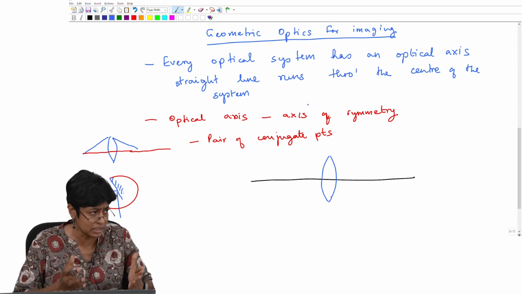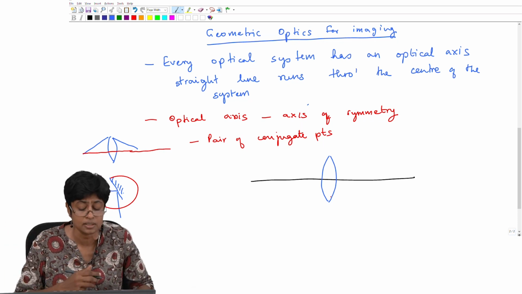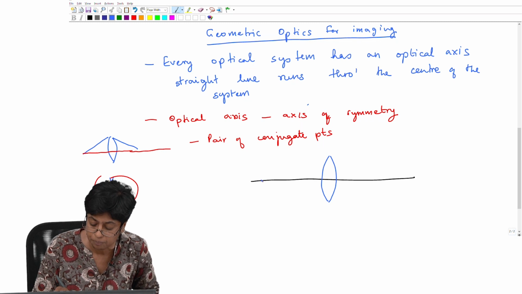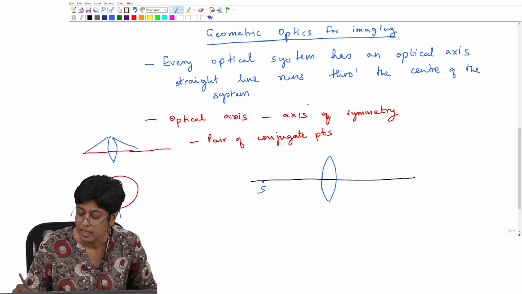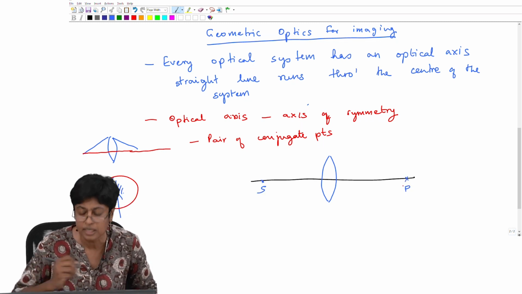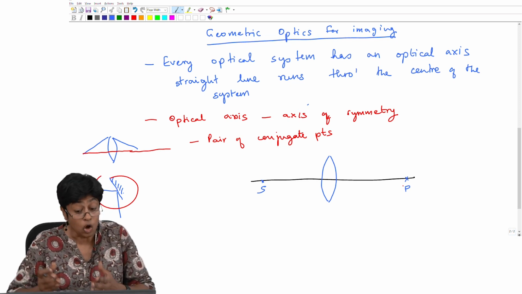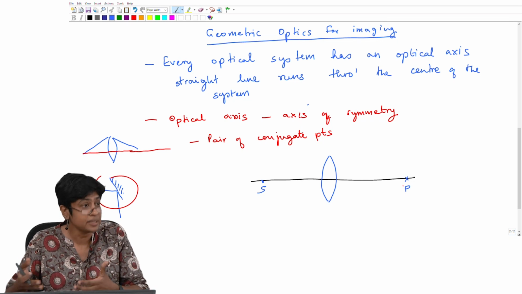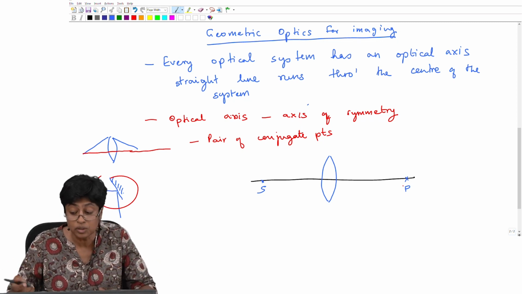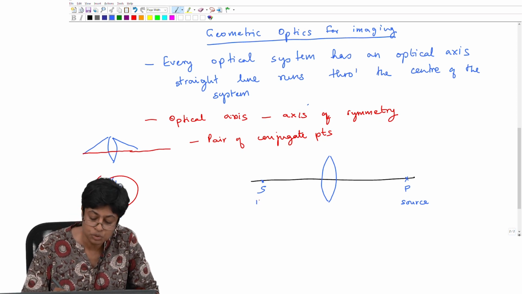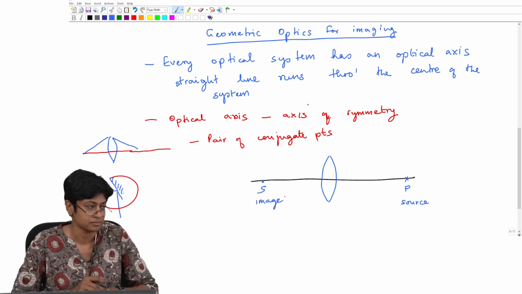It does not have to be a single lens, it could be a number of lenses. So if it is an imaging system, that means if I have a point source S and it is imaged at a point P, then the conjugate points are S and P. This means that if I were to put the source here, the image would form here.